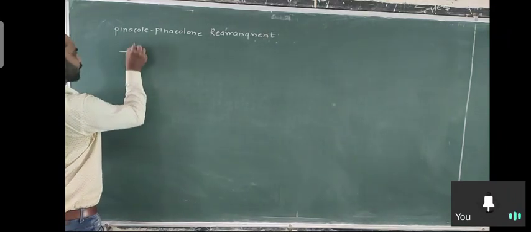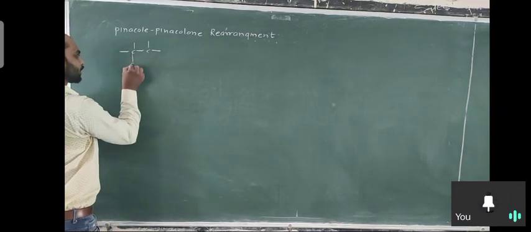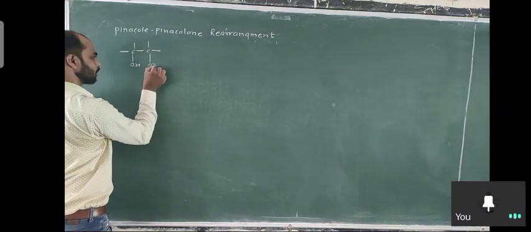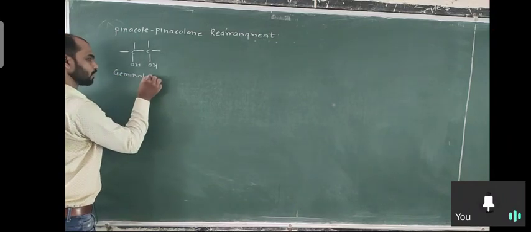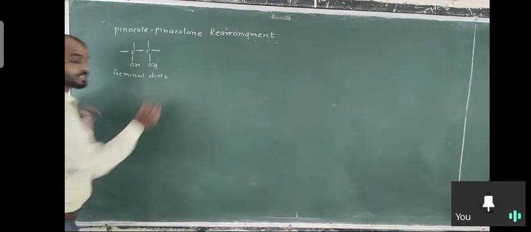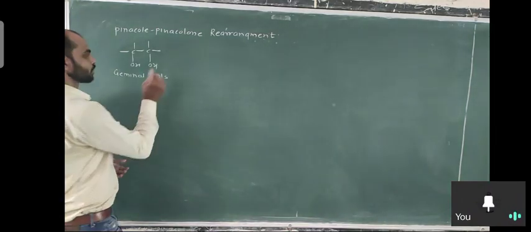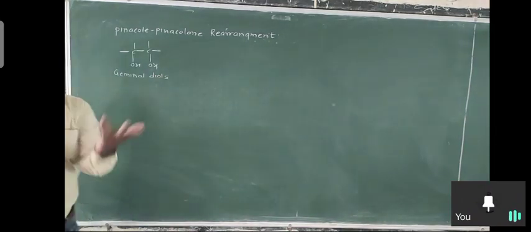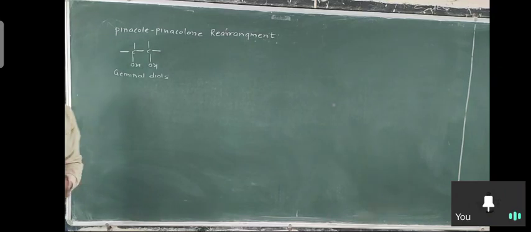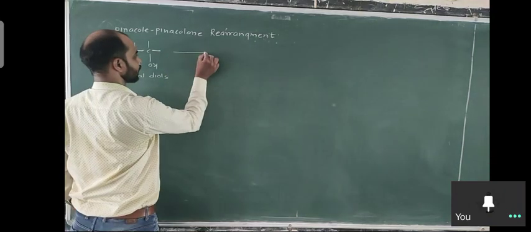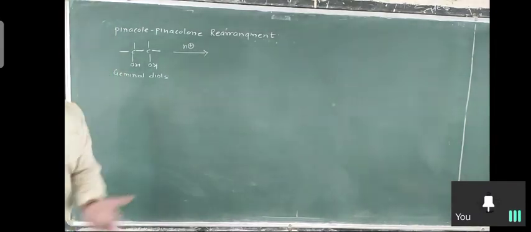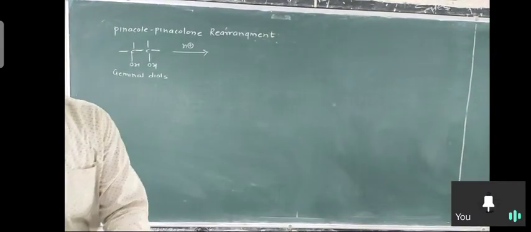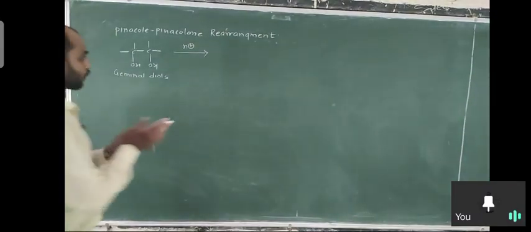Here the starting material used is a diol. It is a geminal diol used as the starting material in that reaction. So when a diol is given, that means definitely it is a pinacol rearrangement, and the acidic condition is given, in the presence of H2SO4 or other acidic conditions. It will be converted into a ketone.